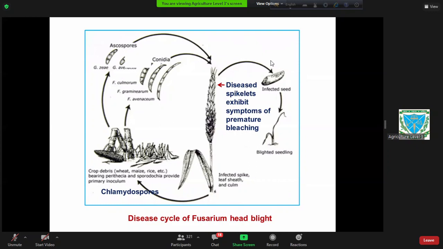Either ascospore or conidia can infect the wheat head and produce bleaching symptoms. If you use the infected seed, you will get the blighted seedlings. After harvest, what will happen? You are harvesting grains, both healthy and infected. So your grain may also serve as inoculum for the next season.